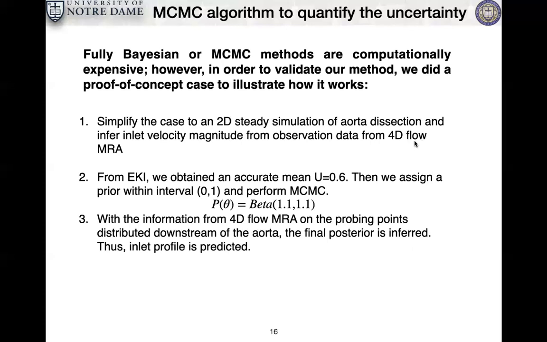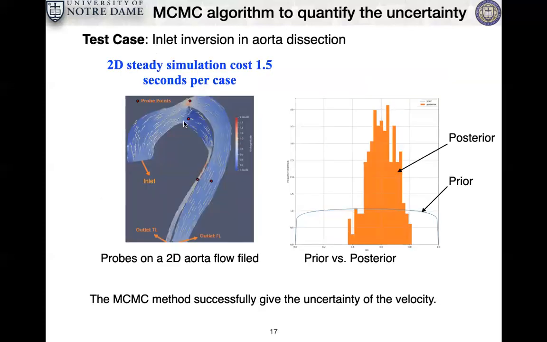So here is the aorta dissection contour geometry. You can see that the flow is going into the aorta here, and it dissects into two channels, which is the true lumen here and the false lumen here.